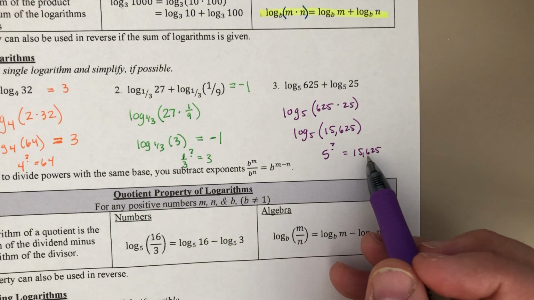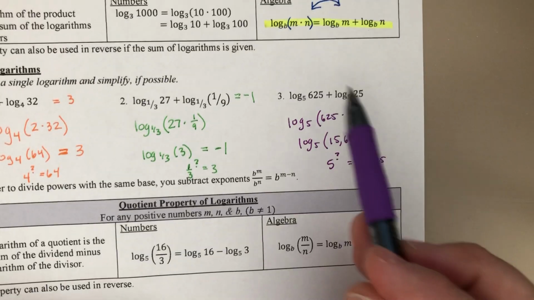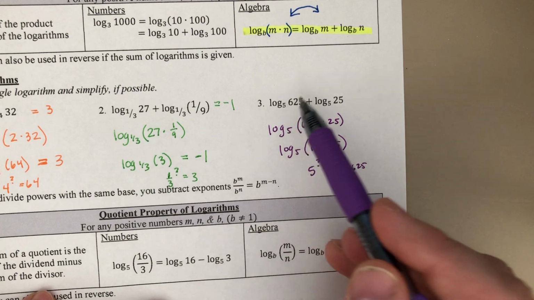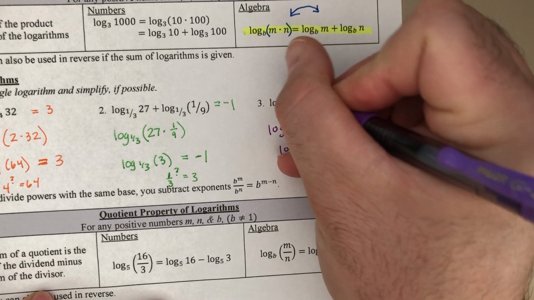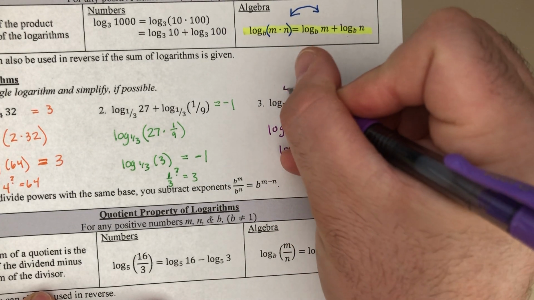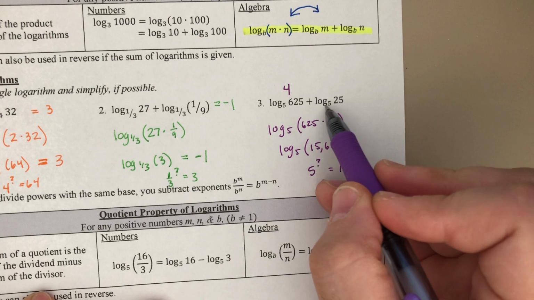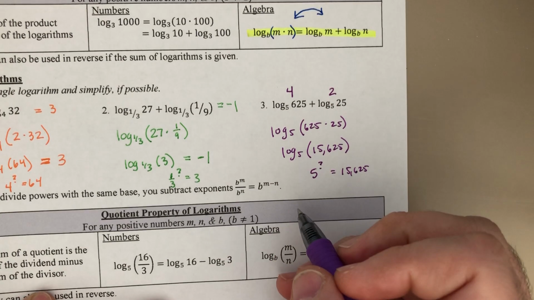So sometimes it is easier to not use the property. This comes from our product property, but let's just think about them individually. 5 to what gets me 625? That's going to be 4. 5 to the 4th is 625. 5 to the what gets me 25? 5 squared is 25.